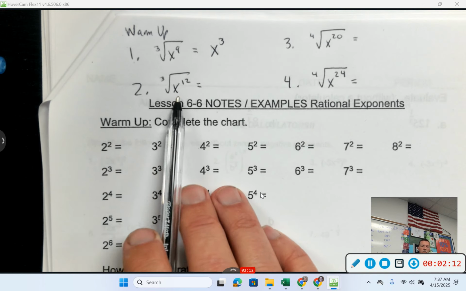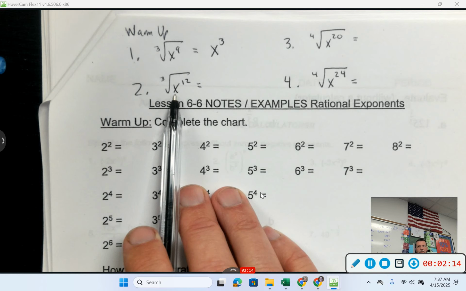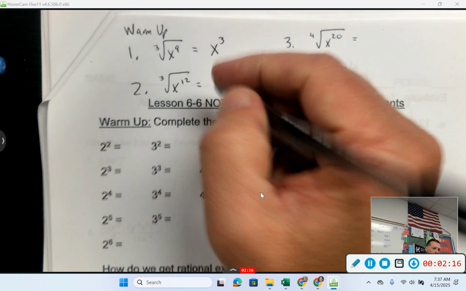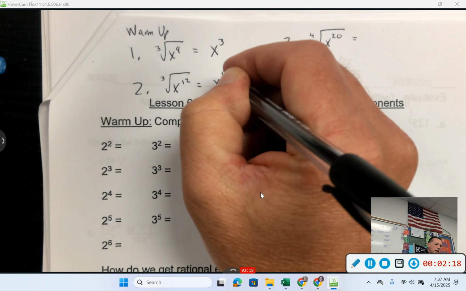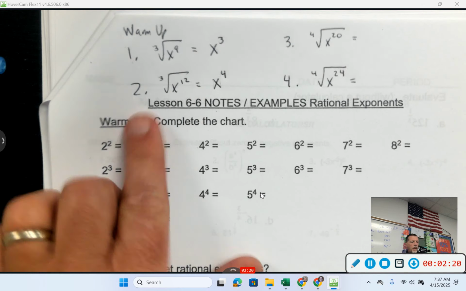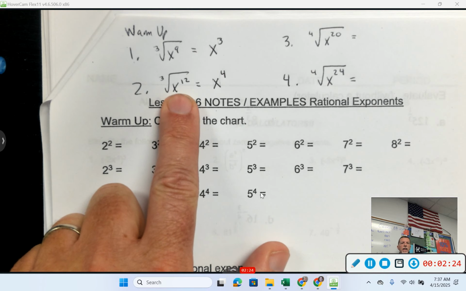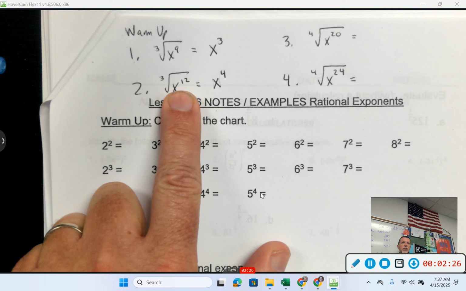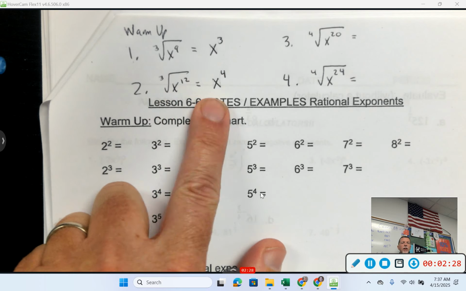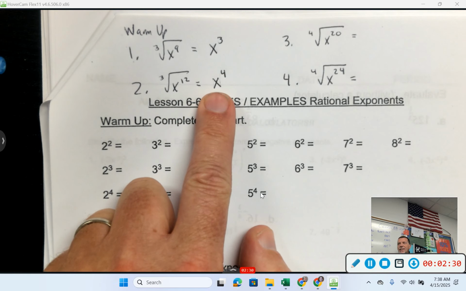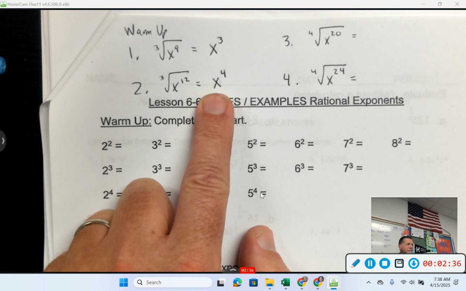All right, number 2. Cube root of x to the 12th? X to the 4th. Let's see. If I put in a negative, I think we can just look at the end here. X to the 4th is always going to be positive anyway, so it doesn't matter.